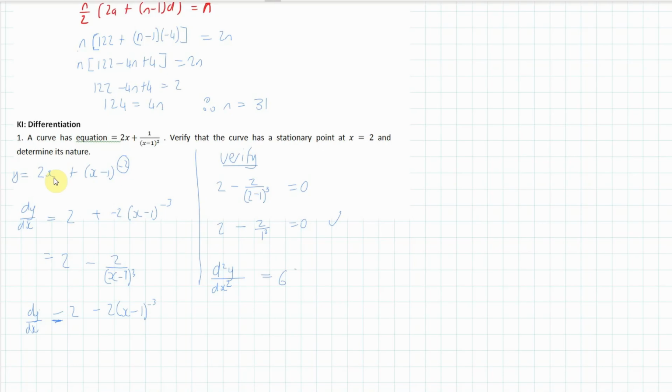And then I will end up with x minus 1 to the negative 4. At x equals 2, the second derivative equals 6 into 2 minus 1 to the power of negative 4 equals 6 over 1 equals 6. And therefore, since the second derivative is positive, we know we have a minimum point.